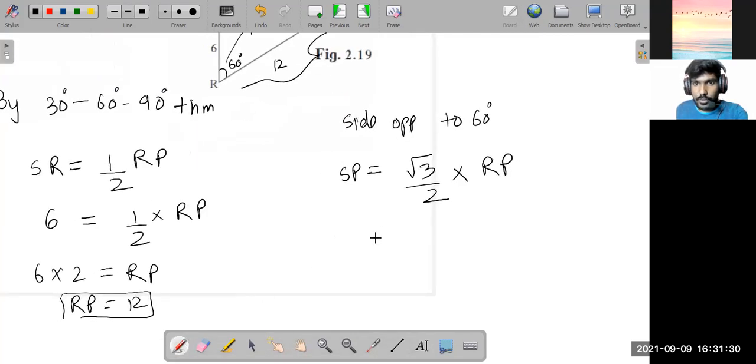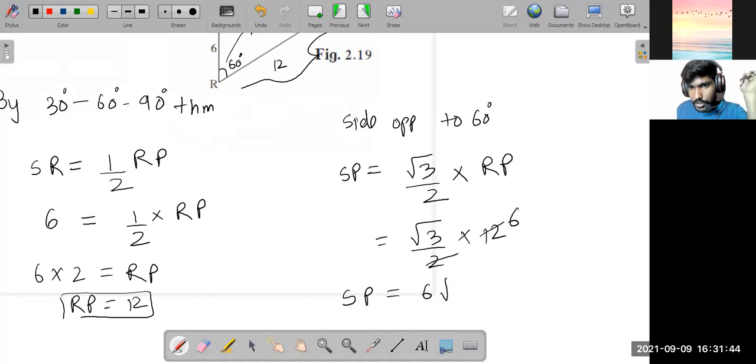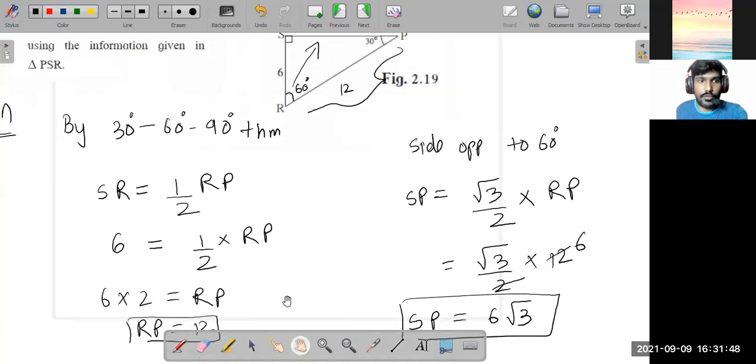RP we just now found out, so we'll substitute 12. 2 ones are 2, 6 are 12. So SP is 6 root 3. That's it. This is what we had to find out.